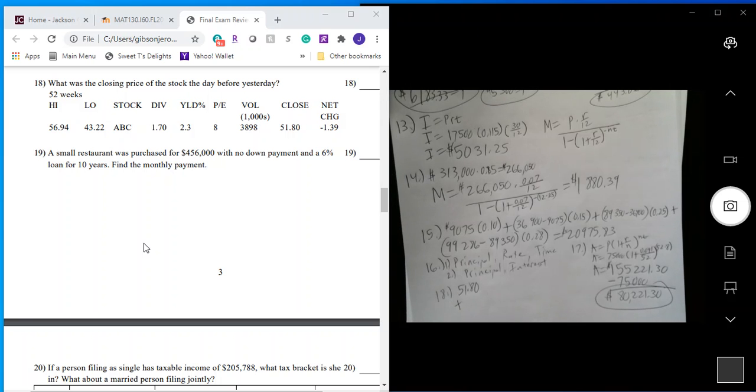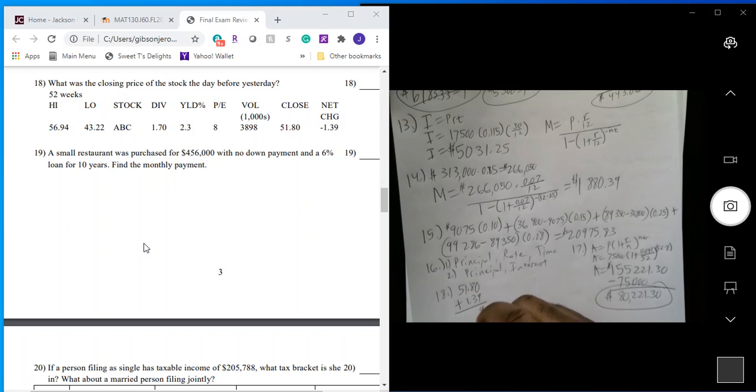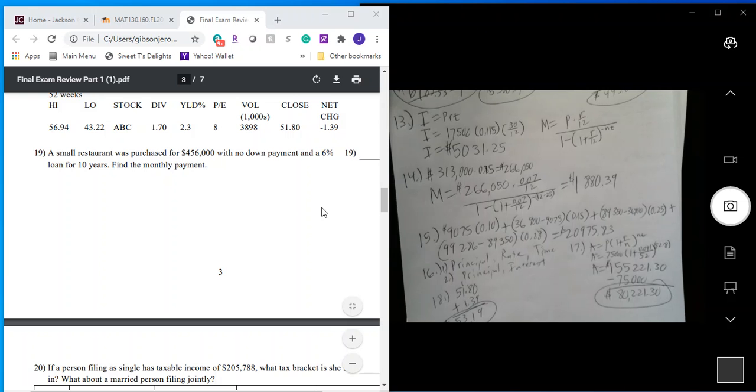So instead of it being a negative 1.39, it'll be $1.39, because remember, it's saying that it went down today. So that means that it was that price the previous day. So we would add the $1.39. So that'll give us $53.19. Now, if the net change would have been positive, then we would have had to subtract.